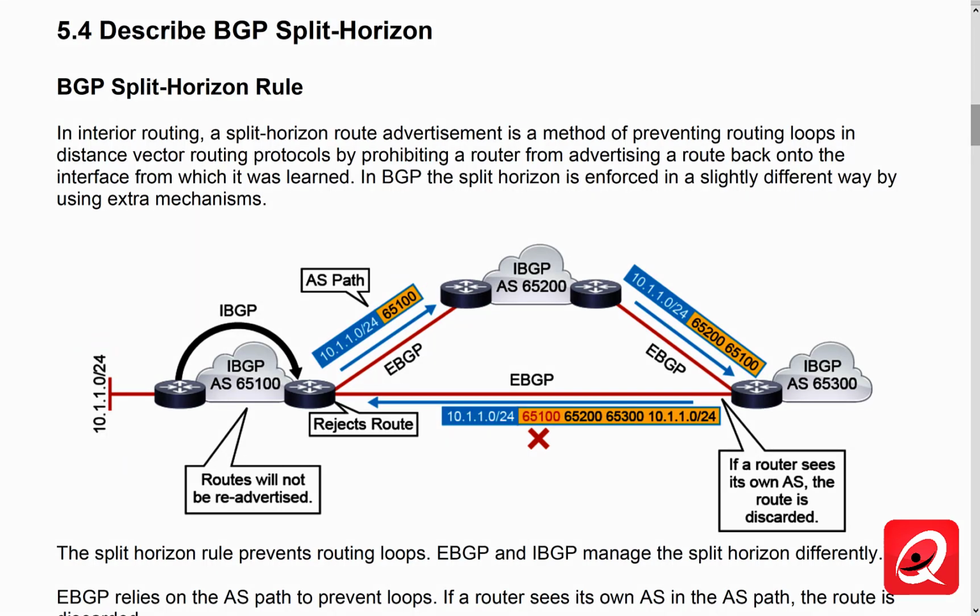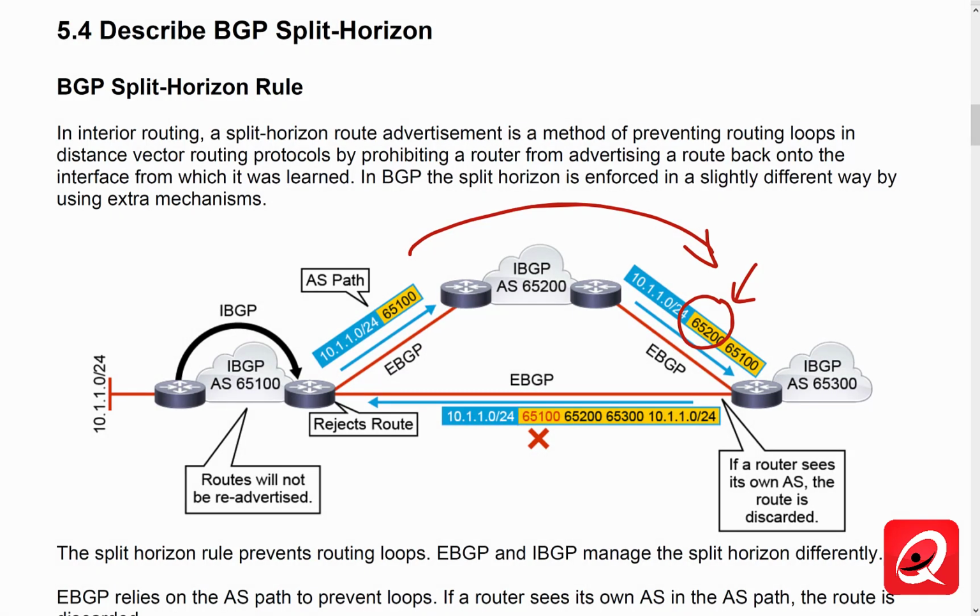Okay, fair enough. And we're certainly allowed to repropagate that information to the next autonomous system. And notice that 65200 is added to the beginning of that list, indicating that now we have to go through 2 autonomous systems to reach that destination. And then if that somehow is propagated back to AS 65100, it's saying, you know what, I see my own autonomous system in this list.